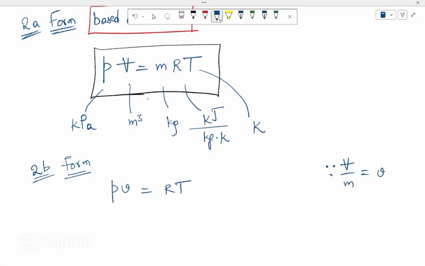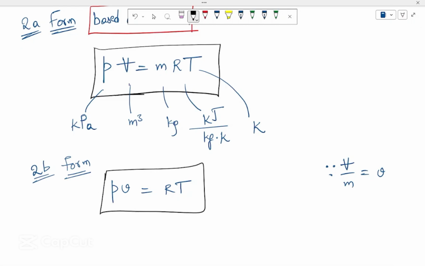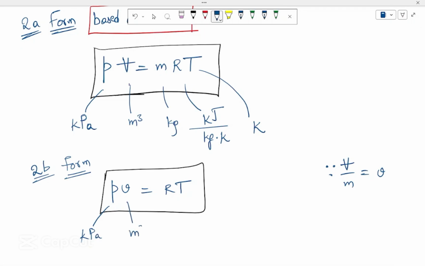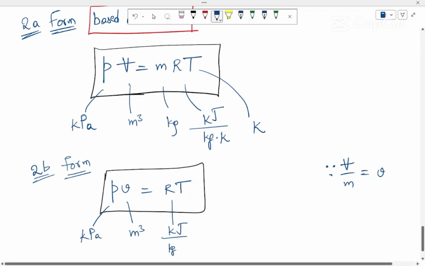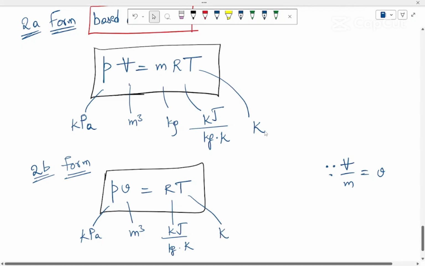This is one more form of the expression, that is the 2B form, and its units are kilopascal, meter cube per kg, kilojoule per kg Kelvin, and the T unit is Kelvin. So these are the various forms of the ideal gas equation along with its units.